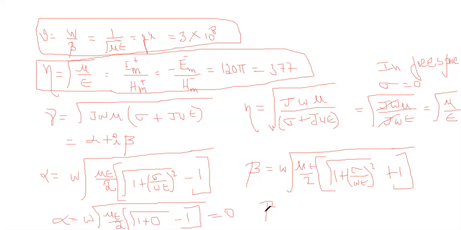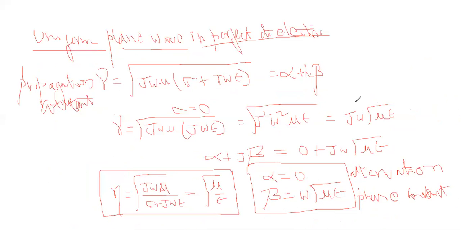Coming to beta, beta is equal to omega square root of mu epsilon by 2, times the square root of 1 plus sigma terms plus 1. Here sigma is 0, so the square root of 1 is 1, plus 1 is 2, and the 2 gets cancelled. Substituting sigma equal to 0 in the propagation constant gamma gives j omega square root of mu epsilon.